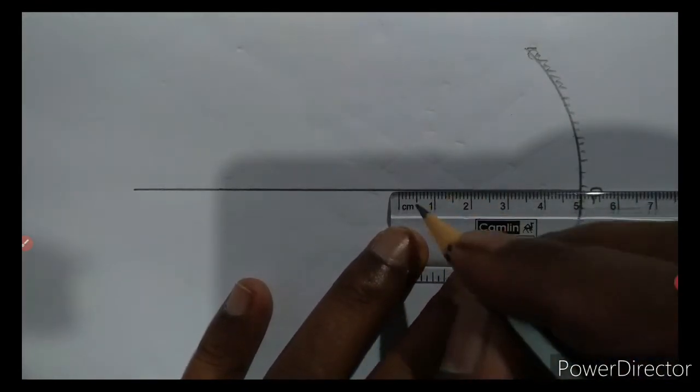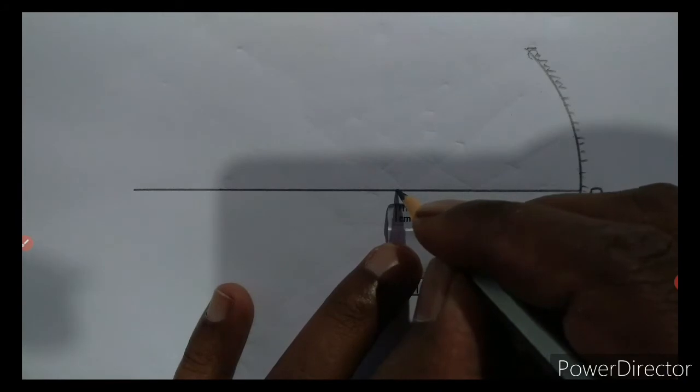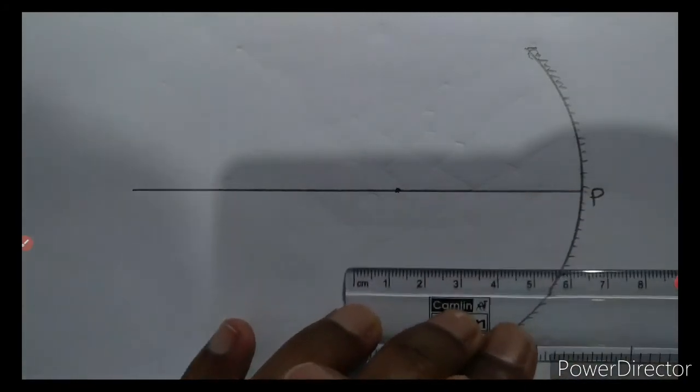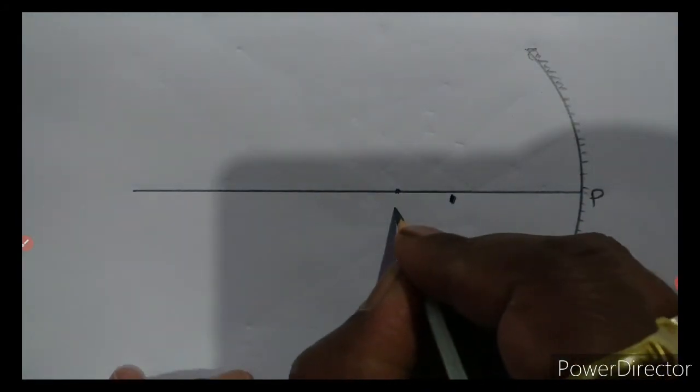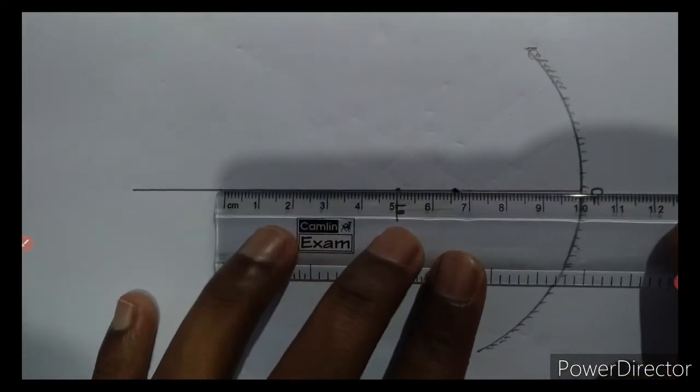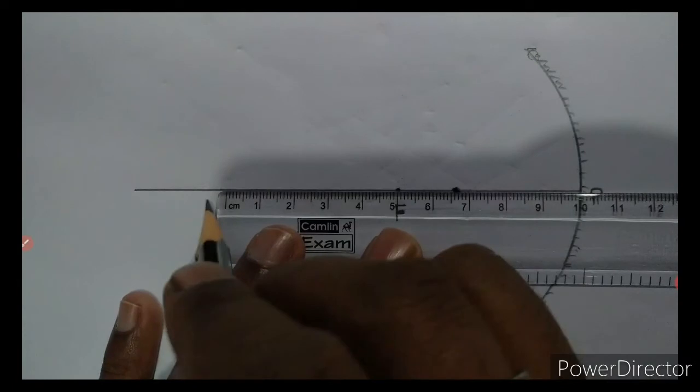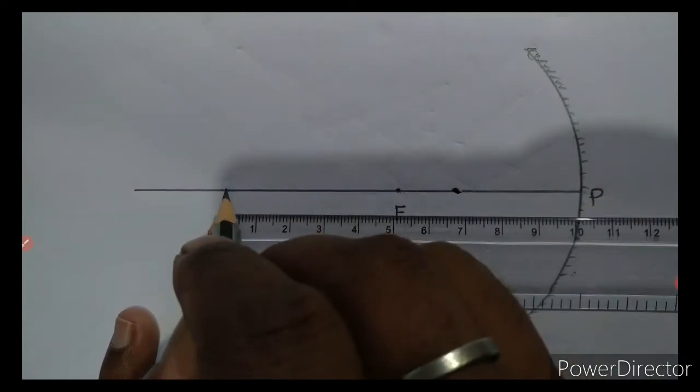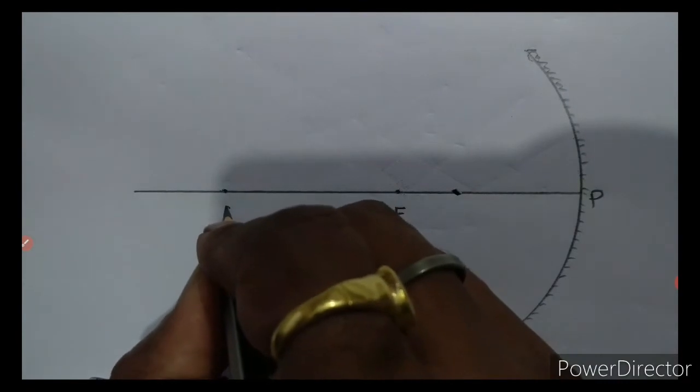So I took the focus at the 5 centimeter mark, and I need to take the center of curvature at the 10 centimeter mark from the pole, or again 5 centimeter from the focus. So here is my center of curvature and focus ready.